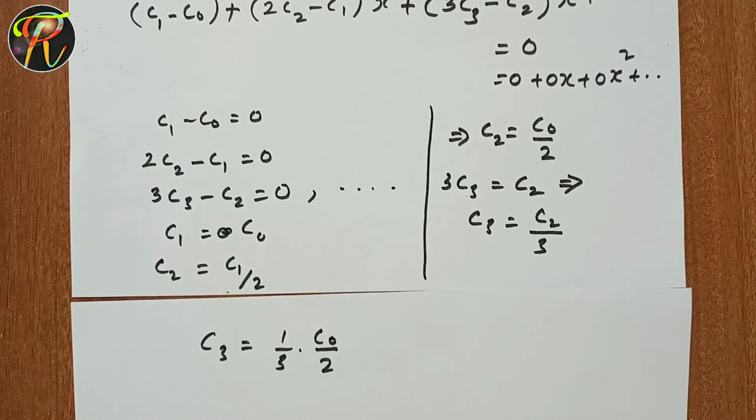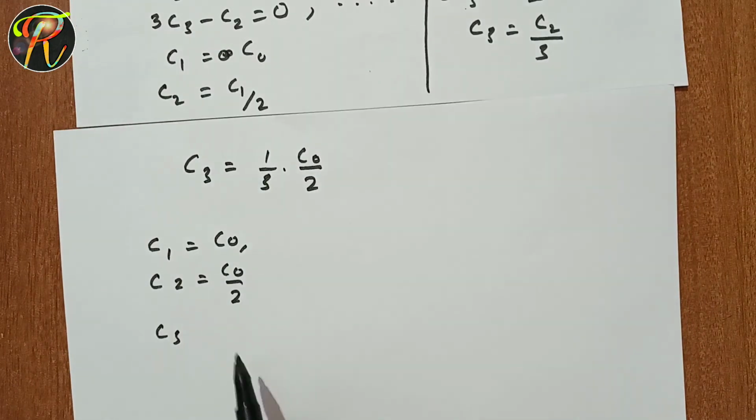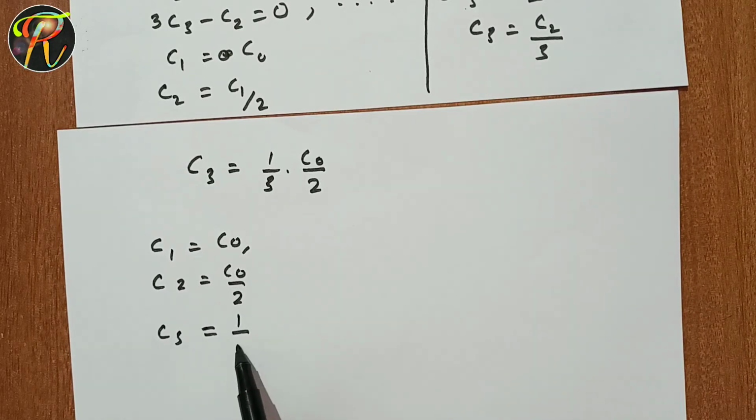So it is very clear that c1 is equal to c0, c2 is equal to c0 upon 2, c3 is equal to 1 by factorial 3 c0, means this can be written in terms of factorial. Now substituting the values of c1, c2, c3 in the given series.